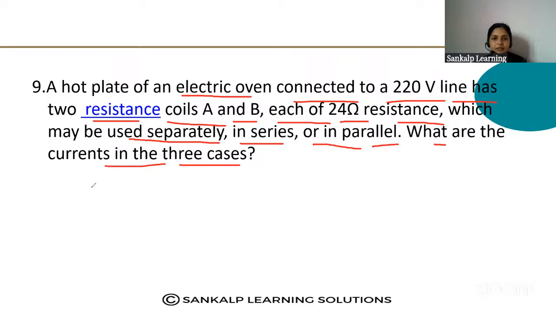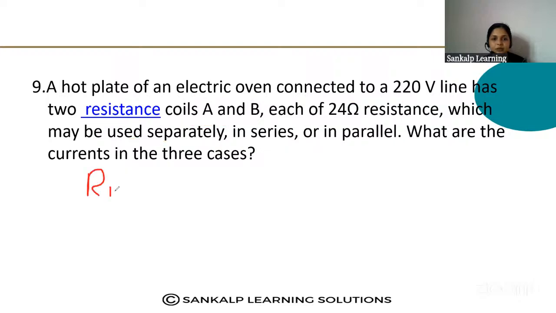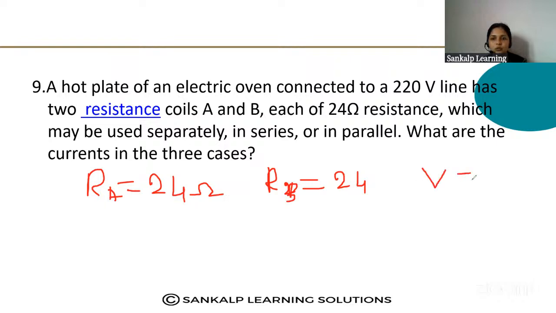Here R1 is equal to 24 ohm, R2 is also 24 ohm. I will take them as RA and RB, 24 ohm. So V is equal to 220 volt, right?